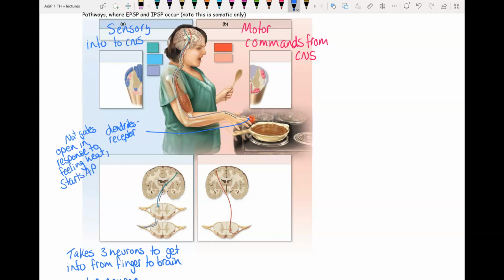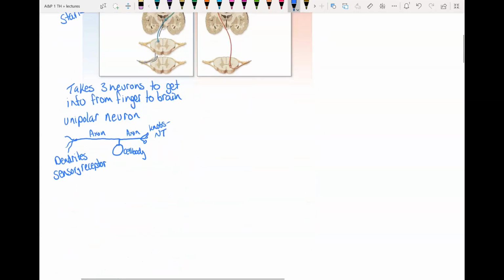Then the action potential travels up the axon. So this is the axon. It comes all the way up here to her spine. So remember, axons can be very long. So our primary sensory neuron has the dendrites, feel the heat.